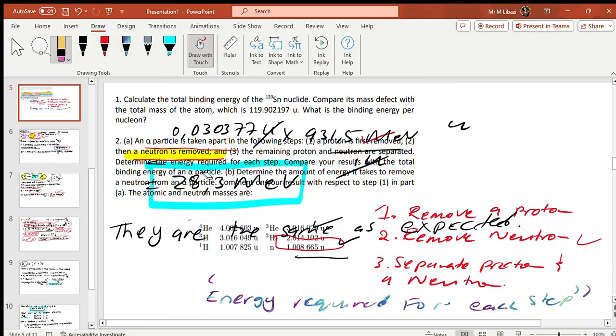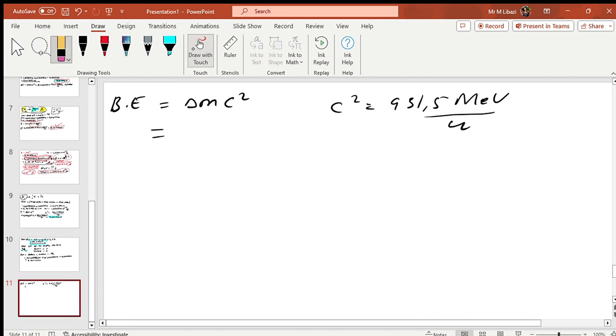What does that mean now? Or maybe that's what they want. So we are just removing the neutron straight from H4, because when we removed the neutron earlier, remember, we removed it from where we had already removed the proton. Which means now we remove it from H4.